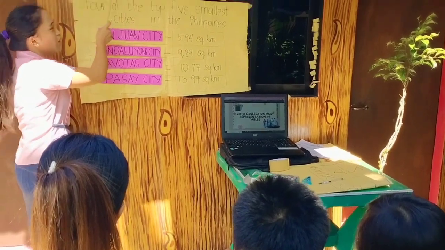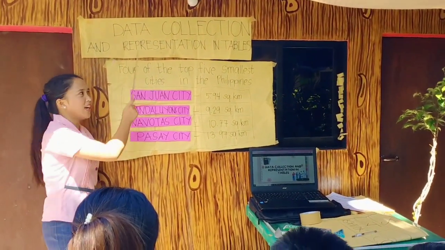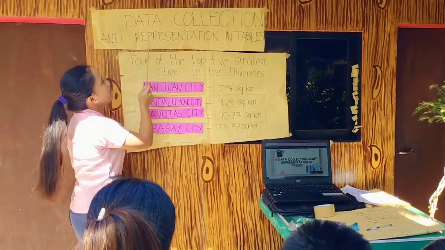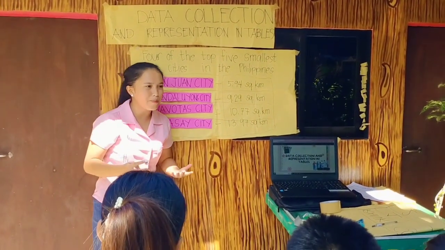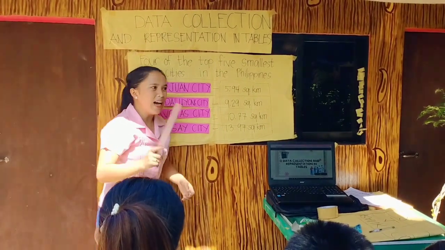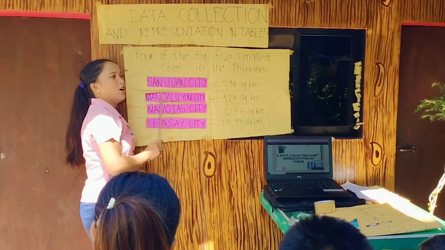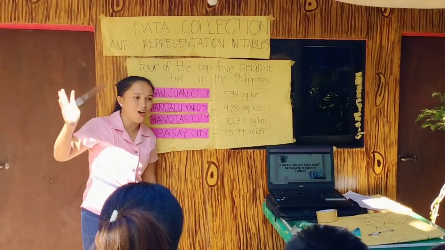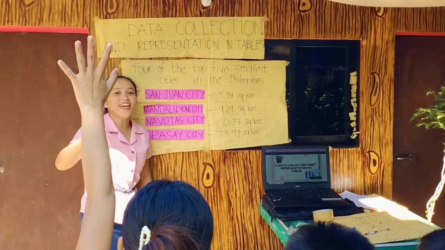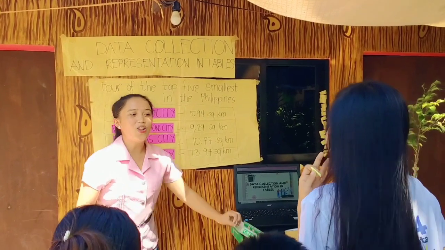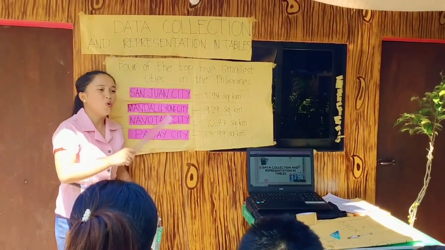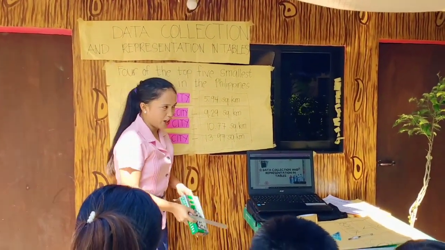So, when we hear the words data, collection, representation, and tables, what do we notice, class? When we hear the word data, what comes to mind? Anyone? Ma'am. Okay, Baby Jean, what? Information, ma'am. All right. Data is a kind of information.